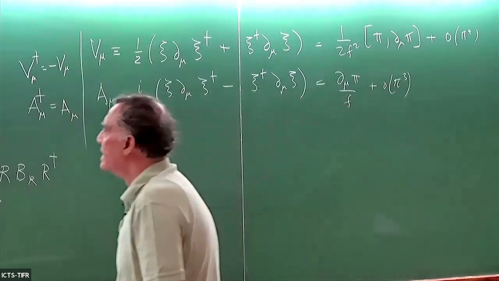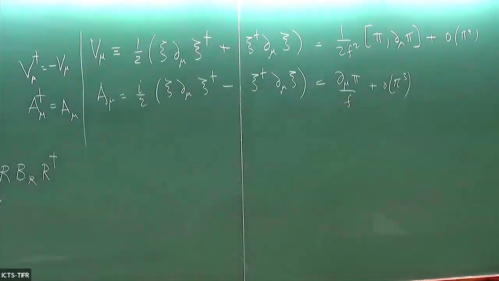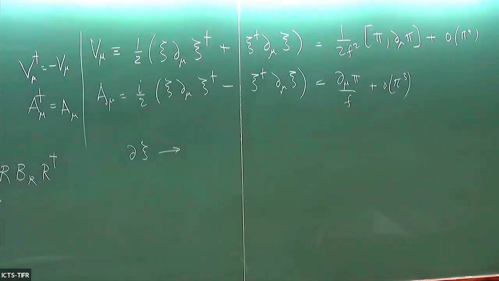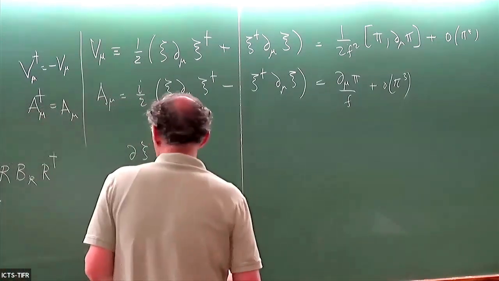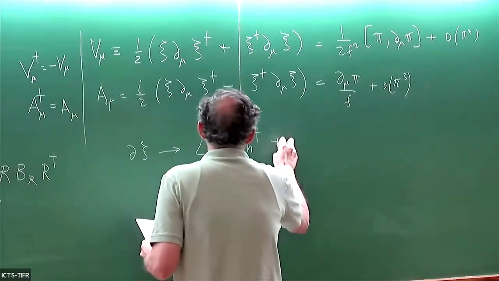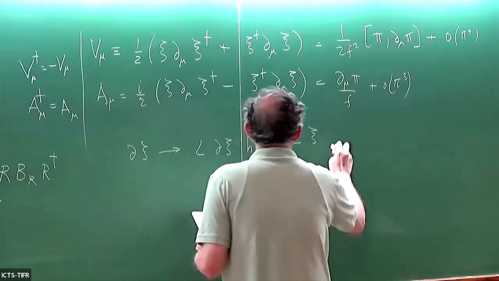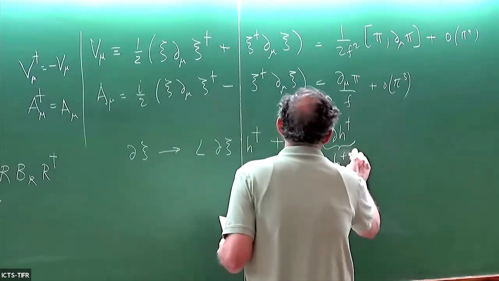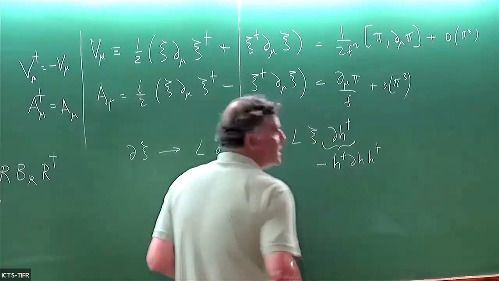So if I apply my chiral transformation, C transforms this way. So ∂C under this chiral rotation. Remember, L is a global symmetry, but both C and H can depend on x. So ∂C goes to L ∂C H† plus L C ∂H†. But H† is the inverse of H, so ∂H† is minus H† ∂H H†.